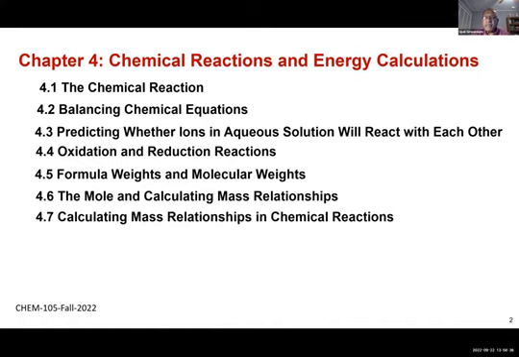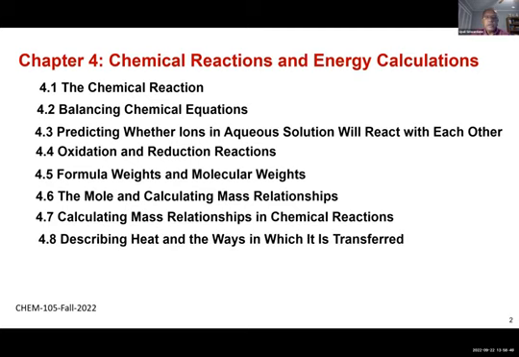Calculating mass relationships in chemical reactions involves the mole concept and the mass of reactants in grams. Now, the last thing we learn is how heat is produced in a chemical reaction.